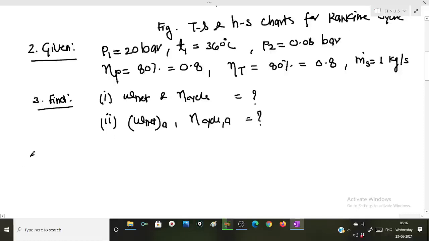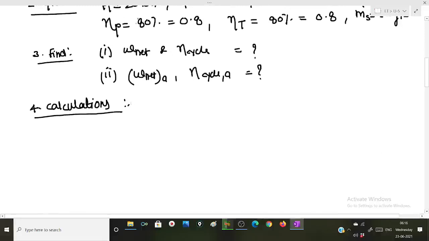So let us do the calculations to find out the net work output and cycle efficiency. First we will be solving this problem for case 1, for the ideal Rankine cycle.